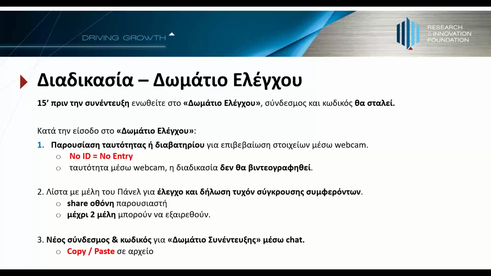Also, please note that because we will be using the webcam to see your ID, this procedure will not be recorded in any way. After you have shown us your ID or passport, then we will give you a link. It's an online form which you will have to fill in. This form will have a list of the panel members that will be participating in the evaluation of your proposal.